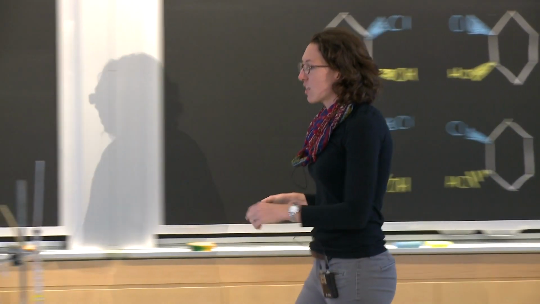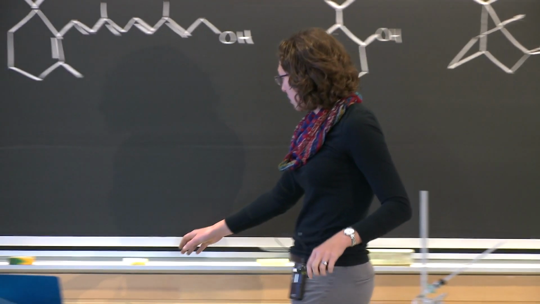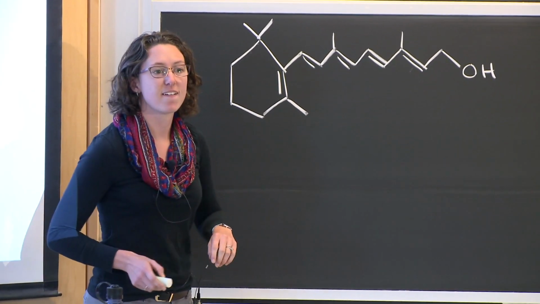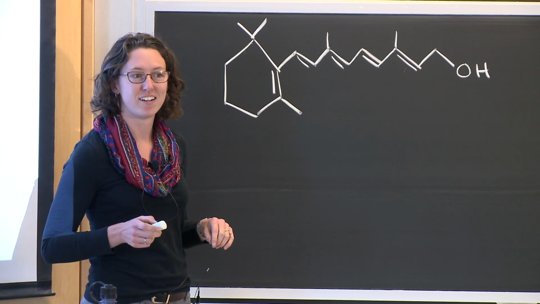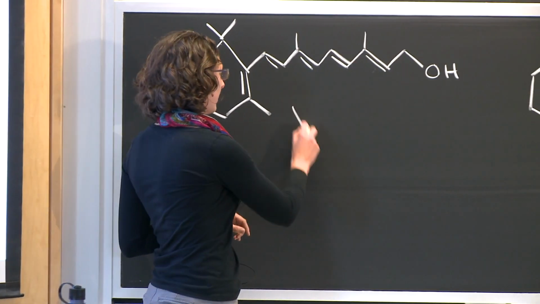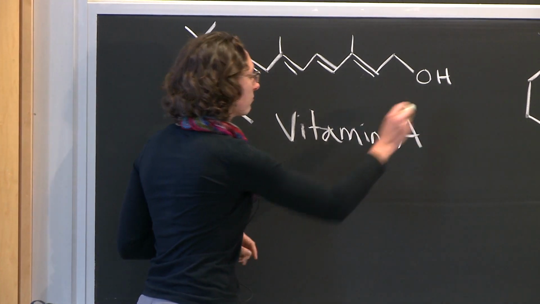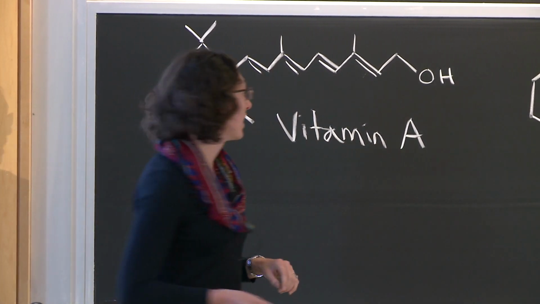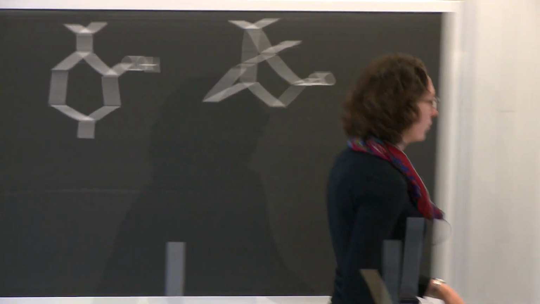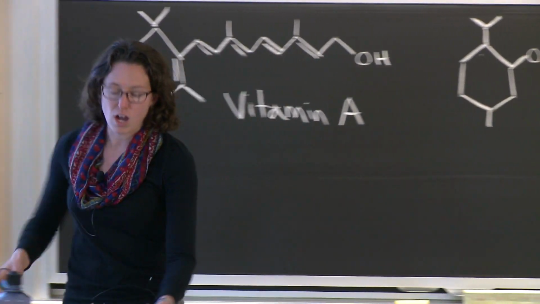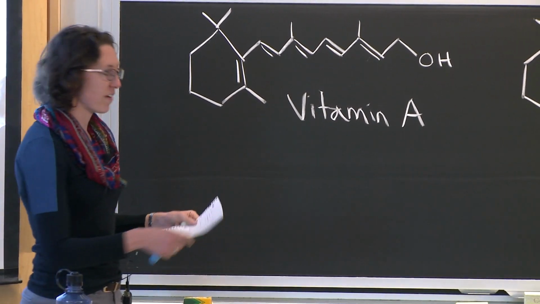So if we look at some molecules that you may know from everyday life, does anyone know what this is? That's vitamin A. And if you look at the structure of it, we can try and find all of the isoprene units, so these 5 carbon units.